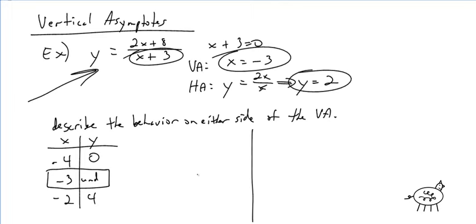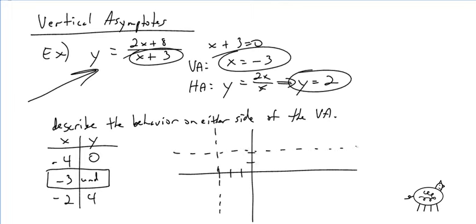And then if I graph it, again, plot our asymptotes. Our vertical asymptote is x equals negative 3 and y equals 2. Then it's negative 4 comma 0, so I'm right here, and negative 2 comma 4.